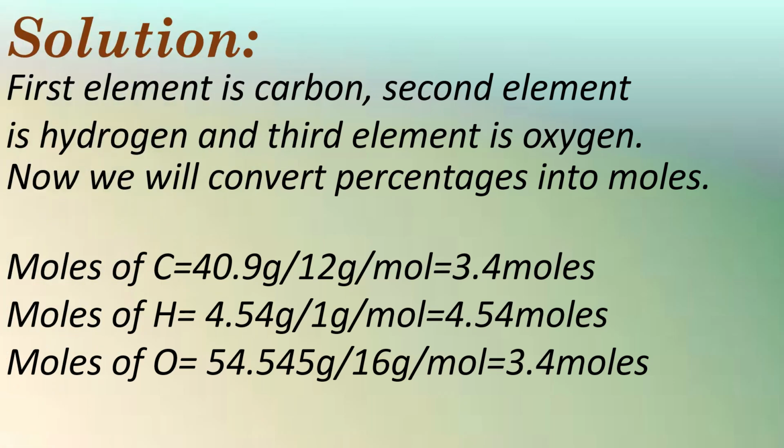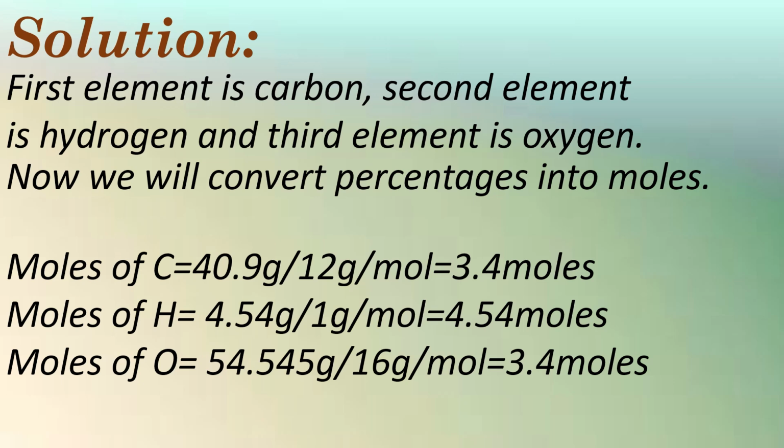Solution. First element is carbon as I have already discussed earlier. Second element is hydrogen and third element is oxygen. Now we will convert percentages into moles. For this we will take percentages as grams and convert them into moles.